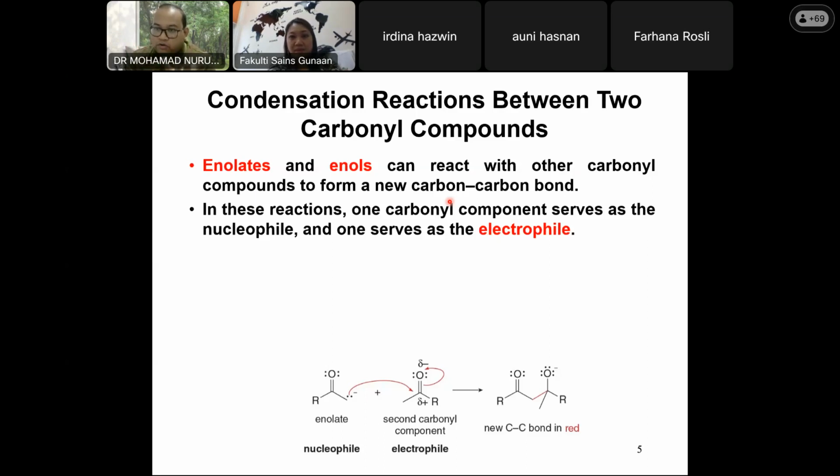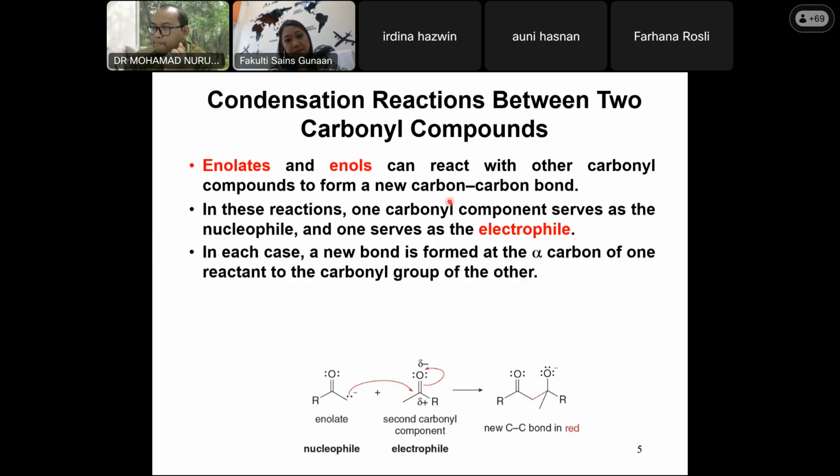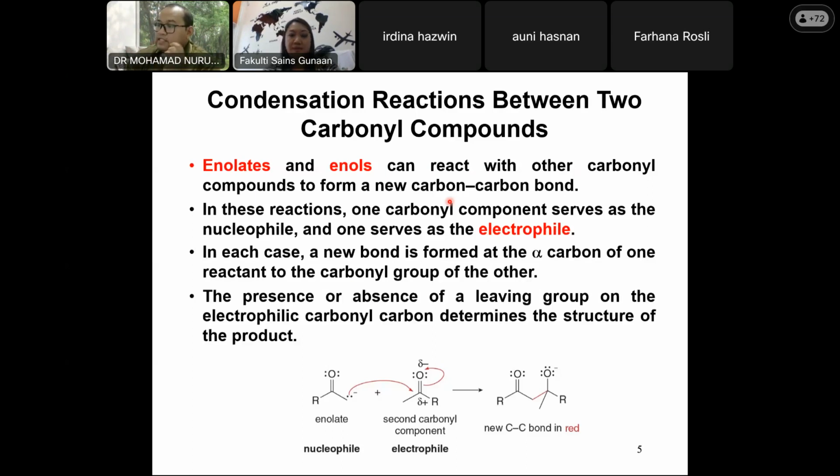The nucleophile, which is electron rich, will attack the electrophile. In each case, new bonds are formed at the alpha carbons, which you already learned before. One of the reactants is the carbonyl group of the other, and the presence of a leaving group on the electrophilic carbon determines the structure of the products.